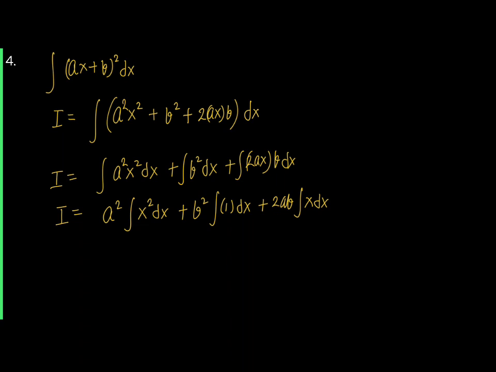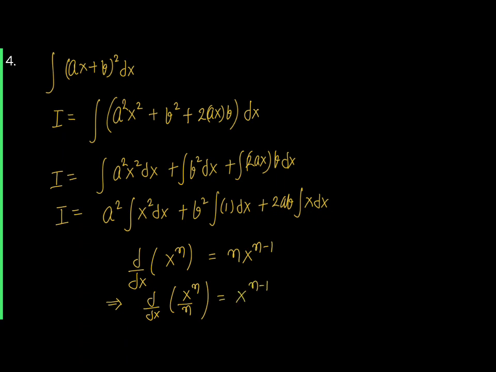Now we know the differentiation, that is d by dx of x to the power n, is equal to n times x to the power n minus 1. So from here I can also write d by dx of x to the power n upon n is equal to x to the power n minus 1.